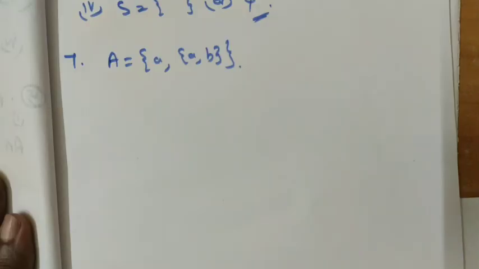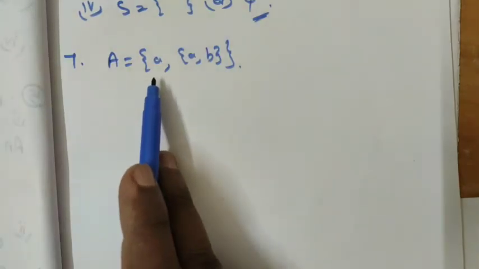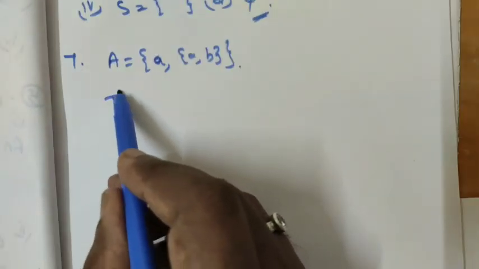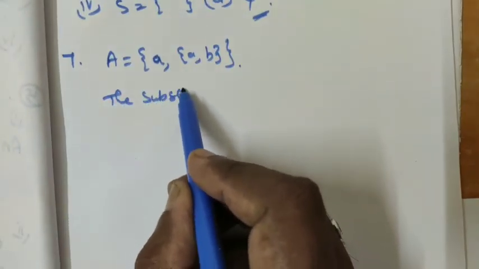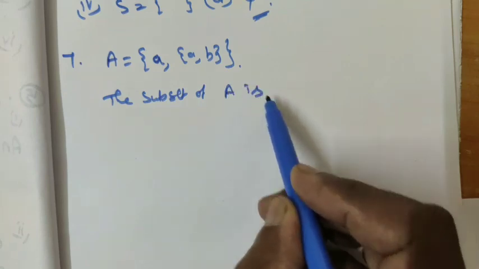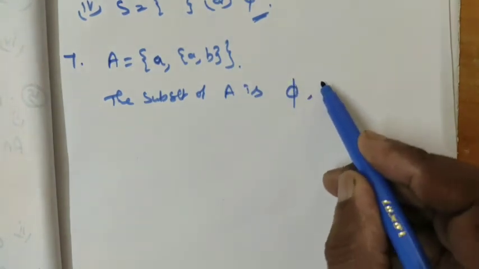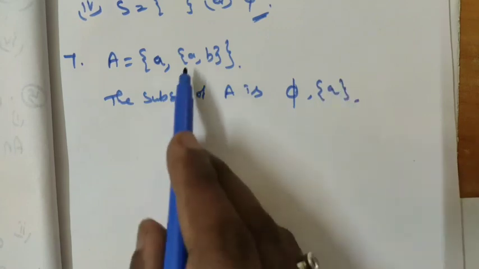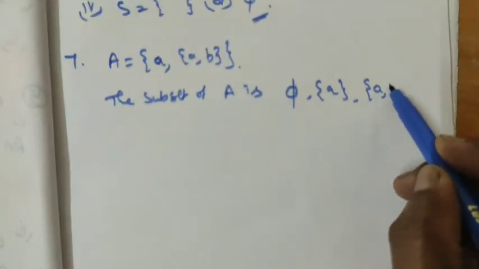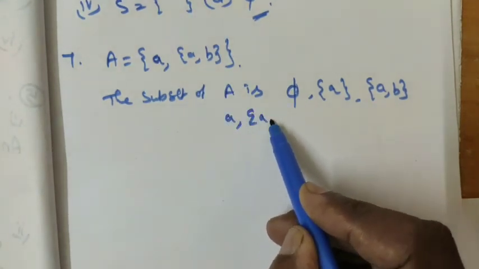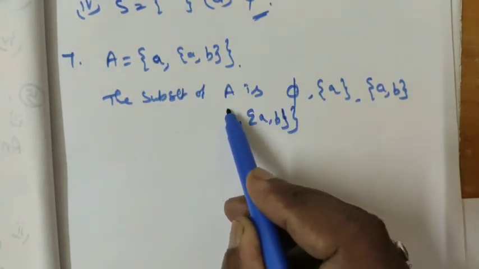Let me check one. This is question number 7. A is equal to {a, {a, b}}. The subsets of A are, first, every set has the empty set, and then {a} is one of the sets, and then {{a, b}} is another set, and then finally {a, {a, b}} is another set.